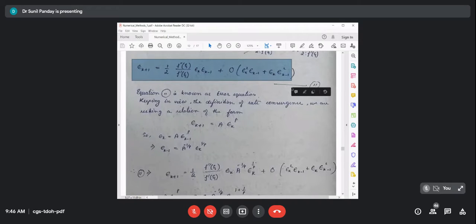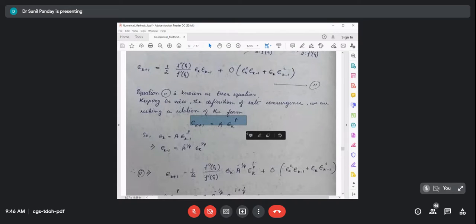So to convert equation 11 into this form, we are assuming that the method is of order p, and if the method is of order p, then its error equation is in this form: epsilon k plus 1 is equal to a epsilon k raised to power p. And similarly, k can be replaced by k minus 1, and you will get this one from the above equation.